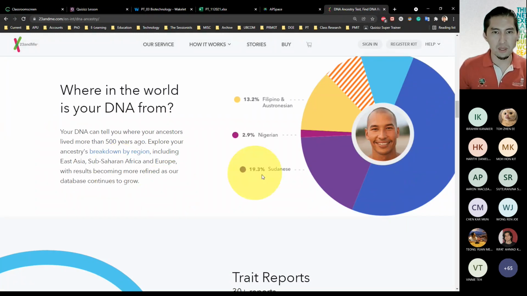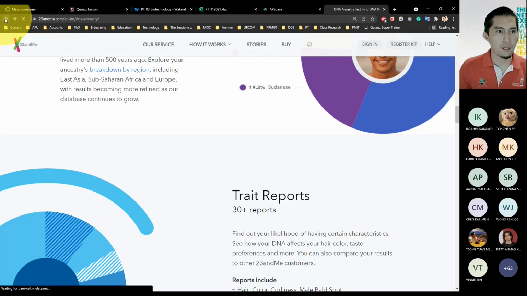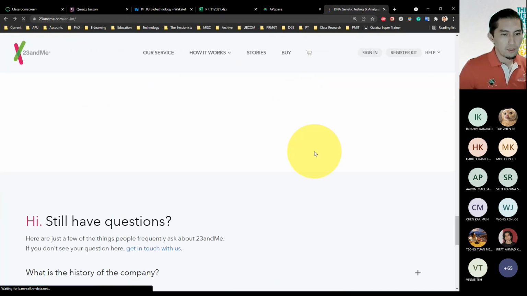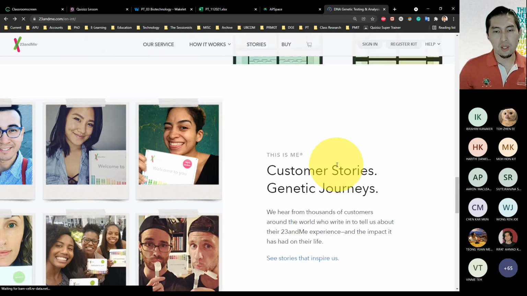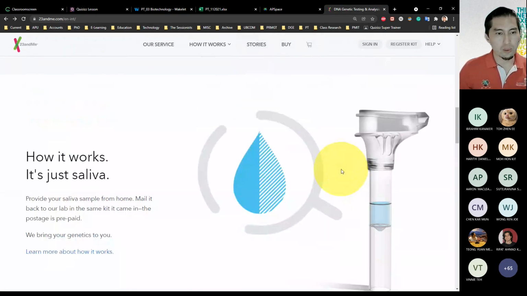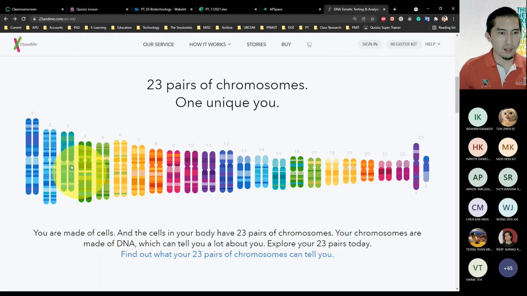There are quite some interesting stories here and there. Your DNA codings, your genetic codings, go right down to your chromosomes, the combination of these 23 pairs of chromosomes that every single human being has. This is what makes up our genetic codings.